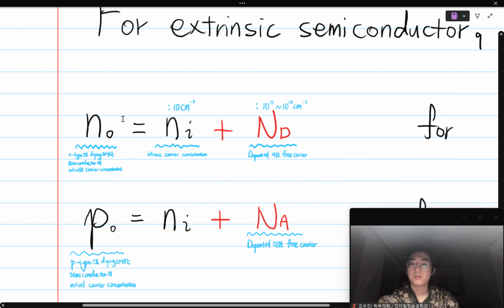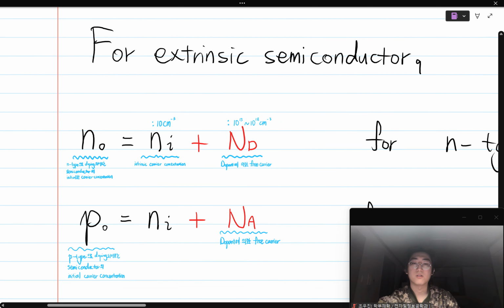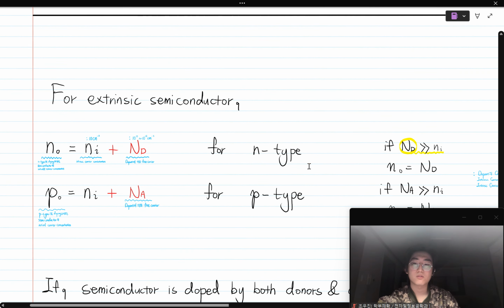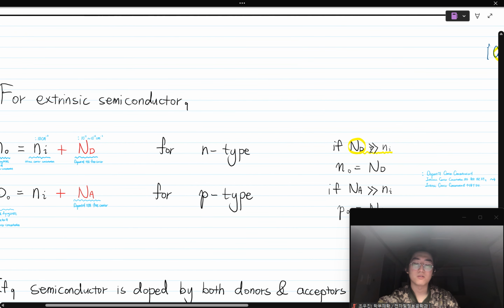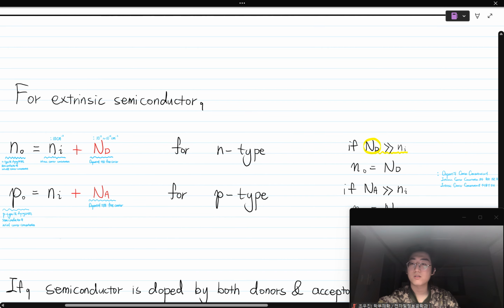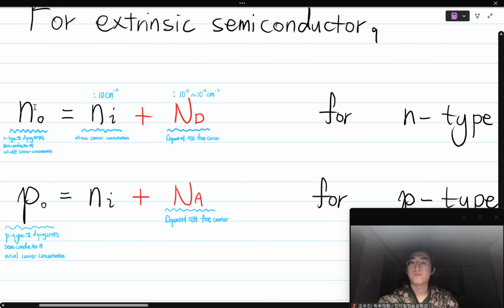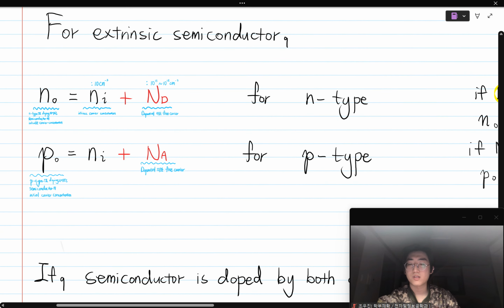This means the carrier concentration when the semiconductor is doped as n-type equals the intrinsic carrier concentration plus the free carriers from dopants. What if the free carriers from dopants are far bigger than the intrinsic carrier concentration? Then we can think of the carrier concentration when the semiconductor is doped as n-type as equal to the free carrier concentration from dopants. It is the same in p-type.